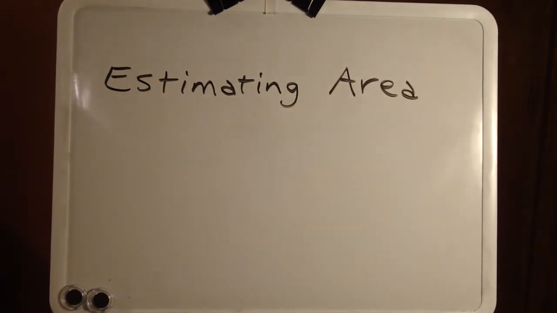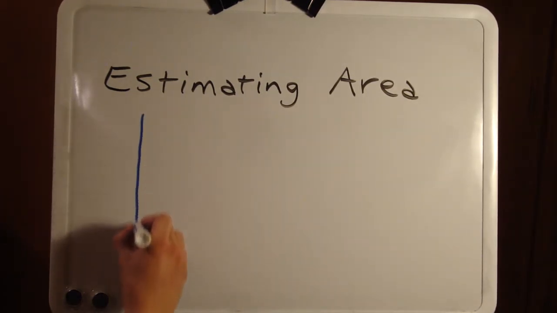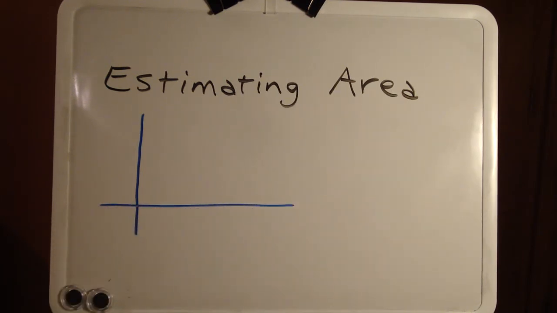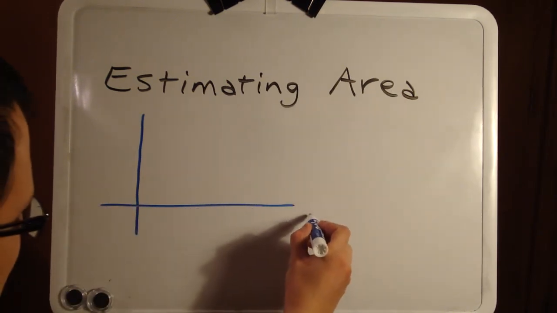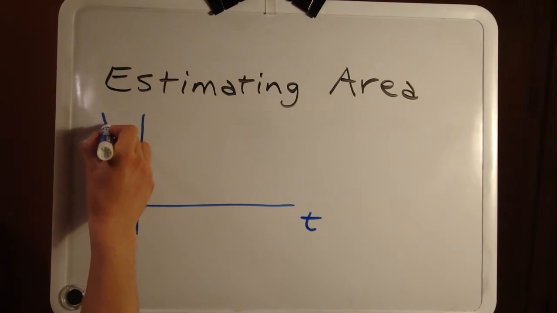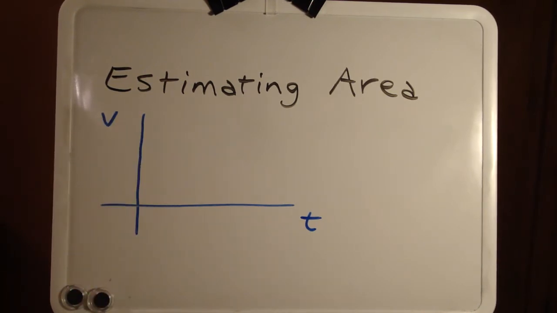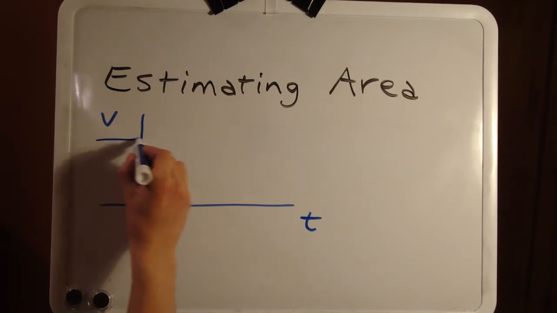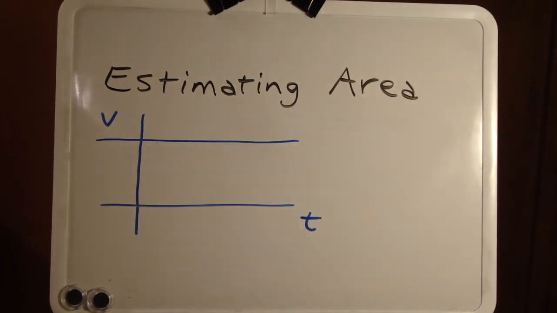So I'm going to think about a pretty simple scenario here. And I'm going to pull from an application because those are oftentimes the easiest to understand. So we can look at a time versus velocity graph, right? This kind of thing here. So you can imagine that we're traveling at a constant velocity, and I'm going to keep this really nice and simple.